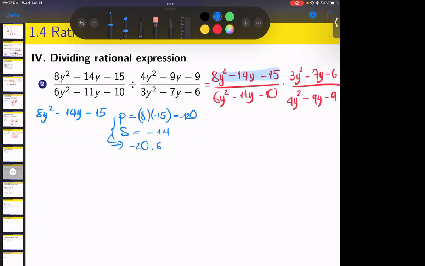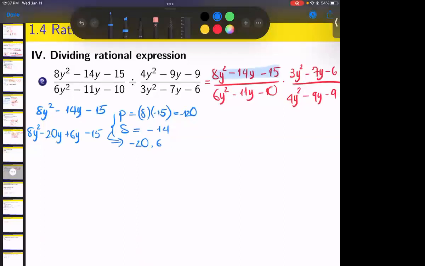And what I'm going to do is split that, right? So this is 8y squared, right, small, because you're going to have 4 terms here instead of 3, minus 20y plus 6y minus 15. I'm going to group the first two and then the last two. I can factor out 4y for the first group. What's left is 2y minus 5. I'm going to factor out 3 for the second group.